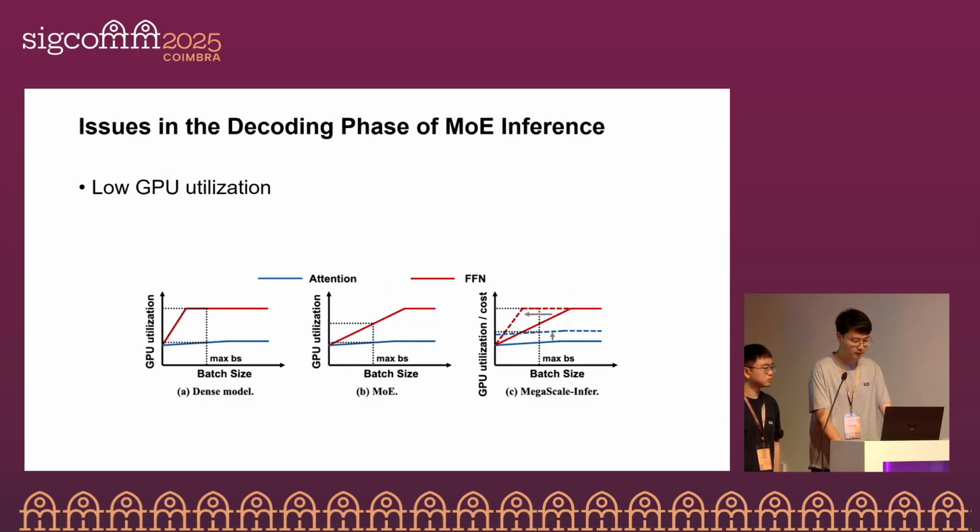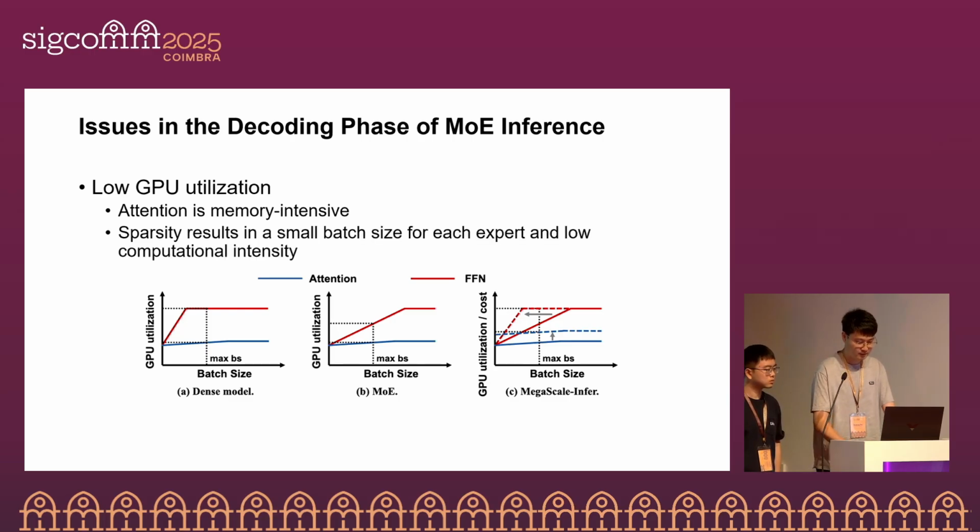With PD disaggregation and large-scale expert parallelism, MOE inference can already achieve relatively high performance. However, we noticed a serious issue of low GPU utilization during the decoding phase of MOE inference. This comes from two factors. On one hand, as we discussed earlier, attention computations represented by GQA are memory intensive. This leads to low GPU utilization.